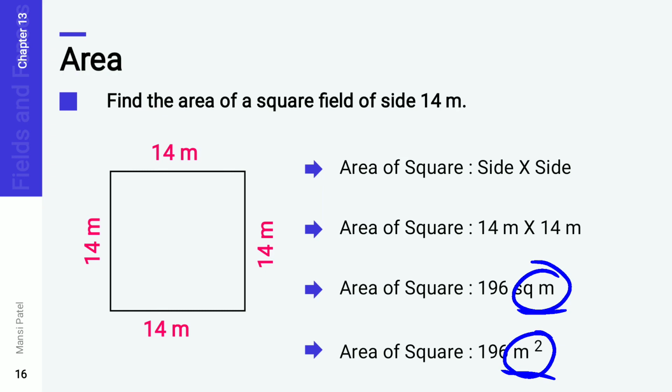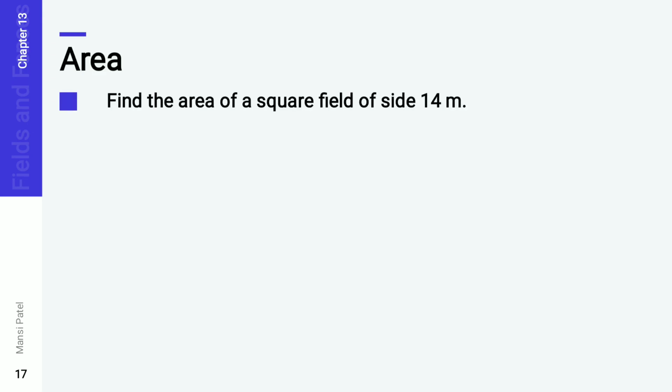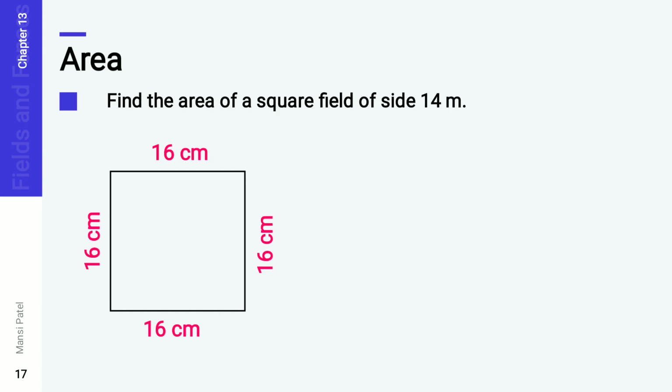Let us see one another example. To find out the area of square whose side is. Here one mistake is that here instead of 14 meter the side is 16 centimeter. So here you have to find out the area of square.